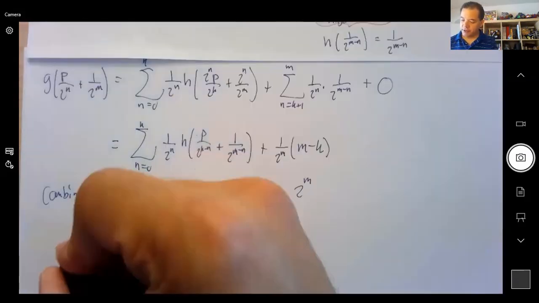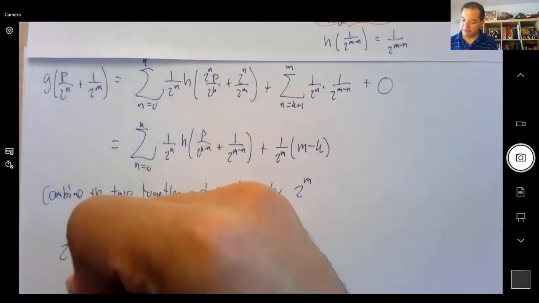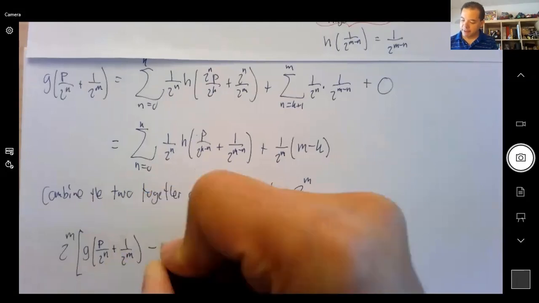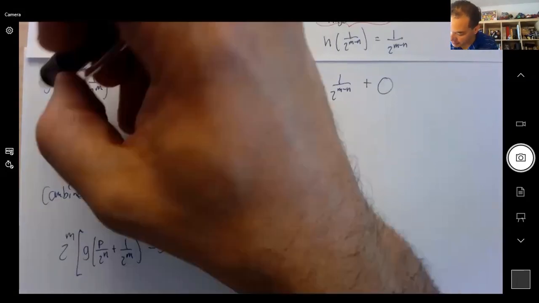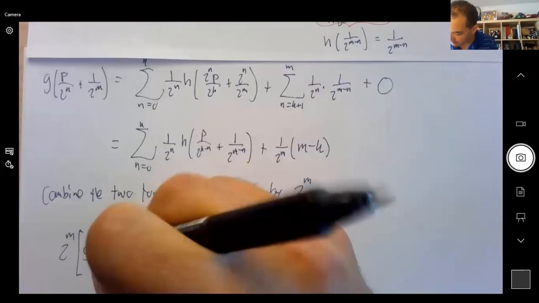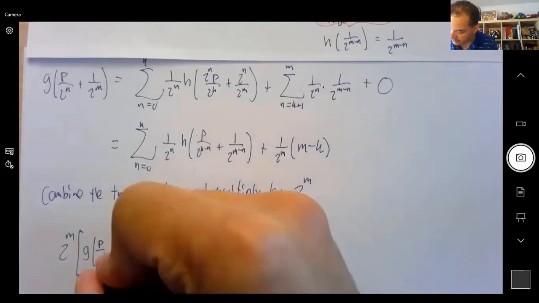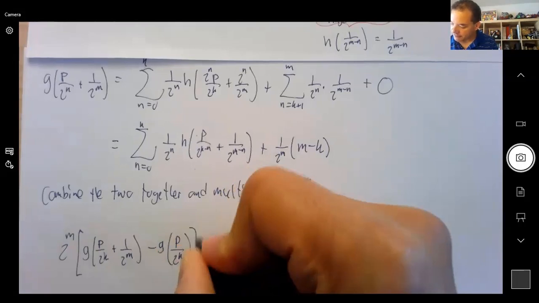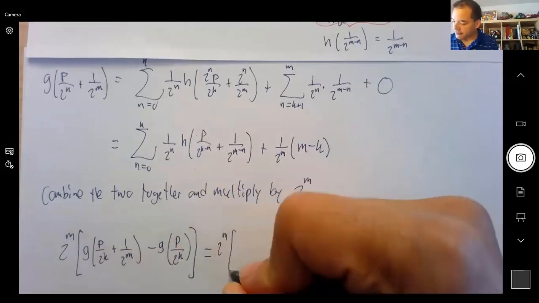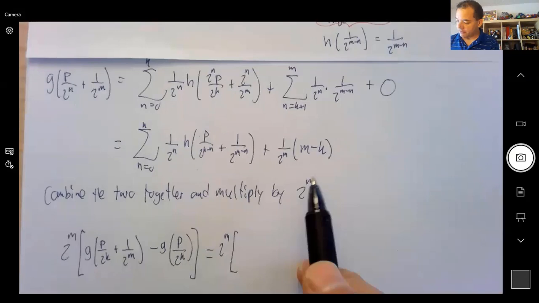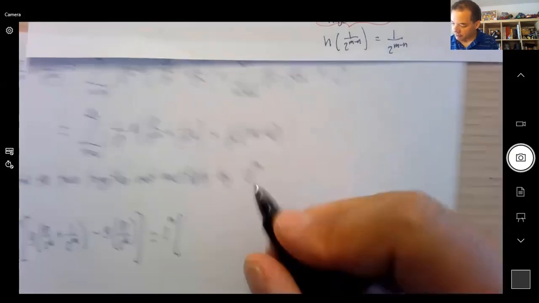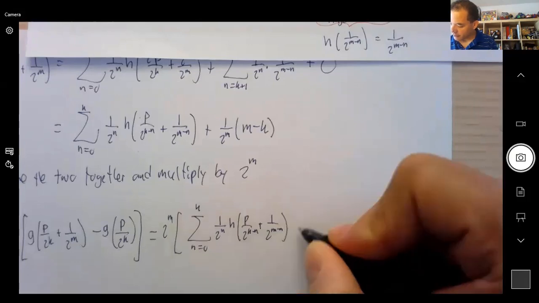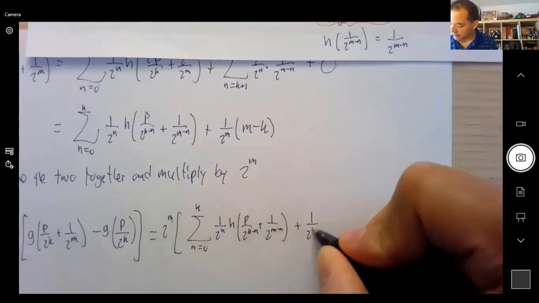So it's 2^m, the one we just did right now, minus, this is k, minus g of p over 2^k. And what is it? Well, this is the one we just did. So let's write it here. It will be this sum plus 1 over 2^(m-k).